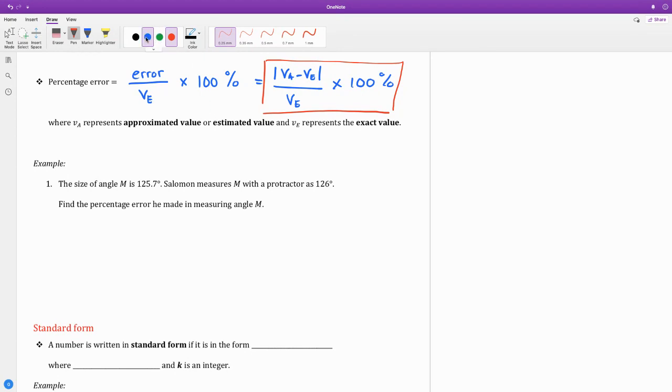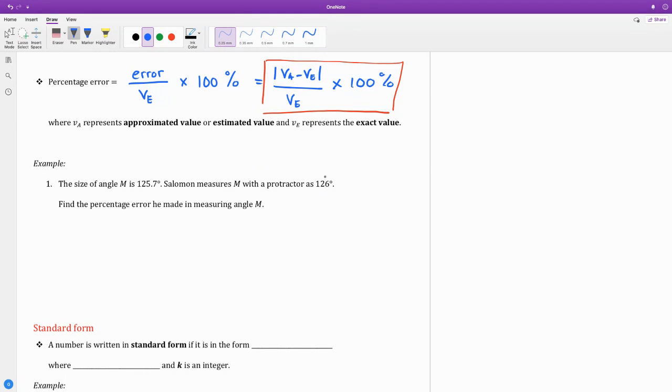Let's go to the example. The size of angle M is 125.7 degrees. Solomon measures M with a protractor as 126.